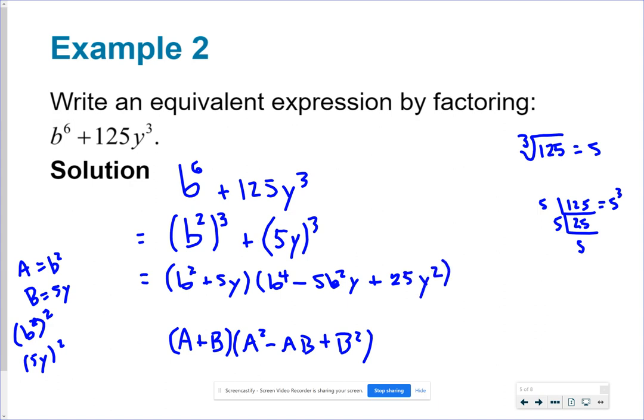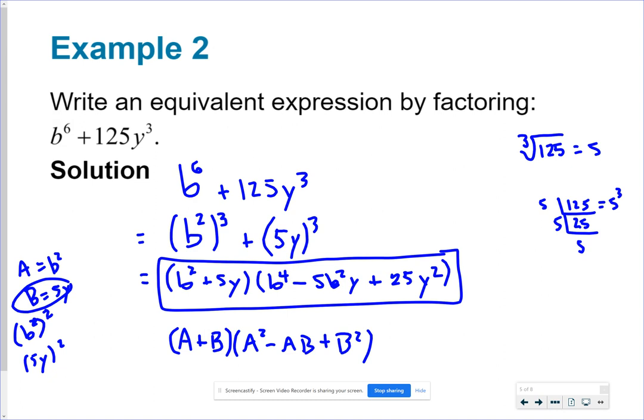Don't forget to square the 5. You're not just squaring the y, you're squaring all of b. So 5y times 5y, which is 25y squared, and there we are done. It's just a matter of plugging things into the formula for the difference of cubes in example 1, or in this case, plugging into the formula for the sum of cubes.